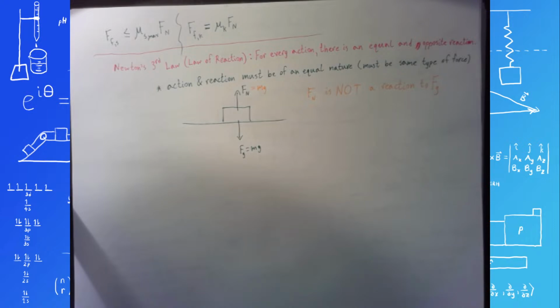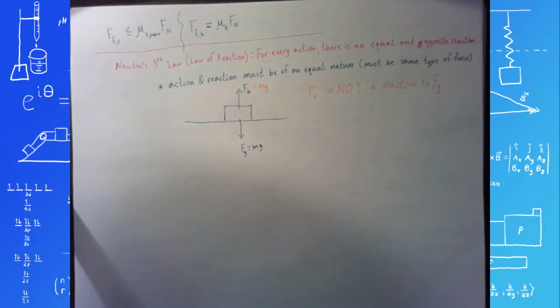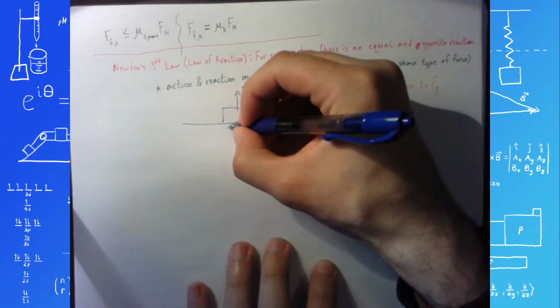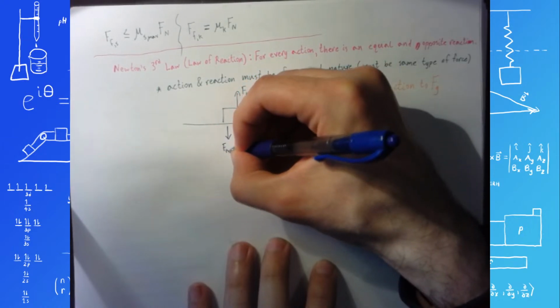But wait a minute, then where is the reaction to this normal force, and where is the reaction to this gravitational force? Well, the reaction to this normal force is easy enough to show. The reaction to the normal force that the ground exerts on this box is the normal force that the box exerts back on the ground.